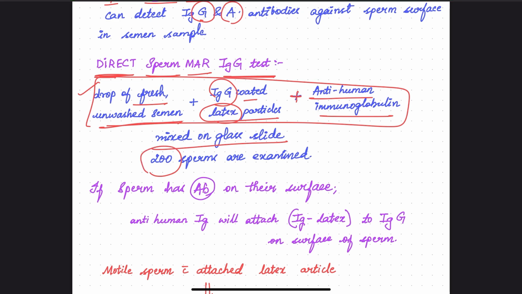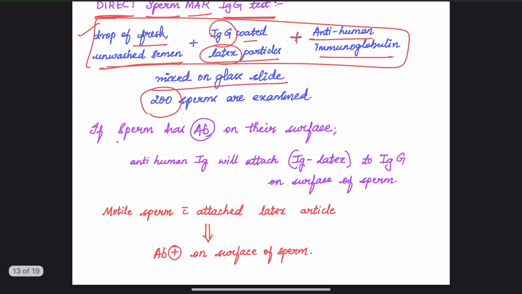If at all there are antibodies on the surface of sperm, this is a sperm. If it has antibodies on their surface, this anti-human immunoglobulin will attach the IgG coated latex to this antibody on the surface of sperm.